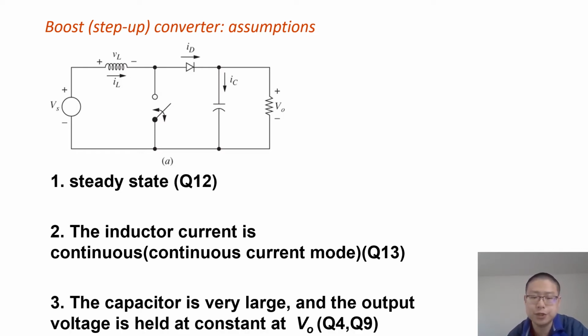The third assumption is that the capacitor is very large and the output voltage is held at a constant VO. We need to use this assumption in question 4 and question 9. But in reality, the capacitance cannot be infinitely large, so the voltage on the capacitor has some voltage ripple. We will discuss this in question 14.